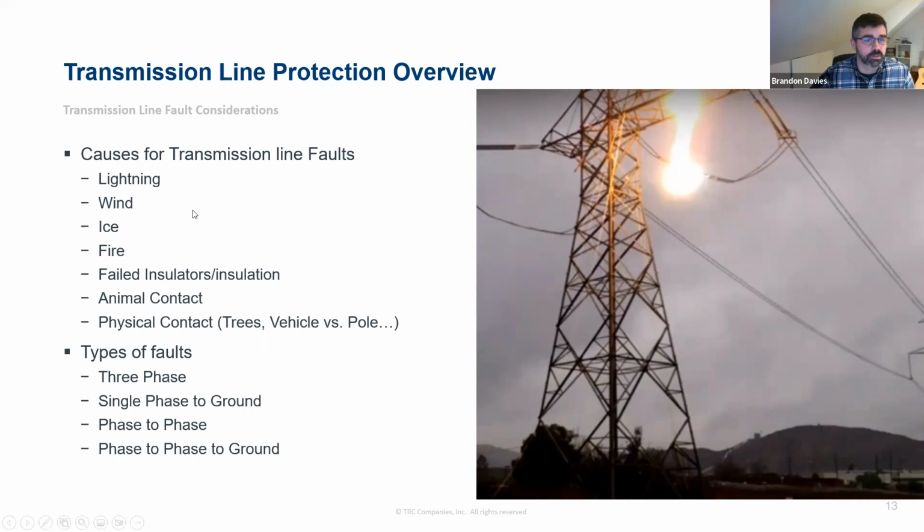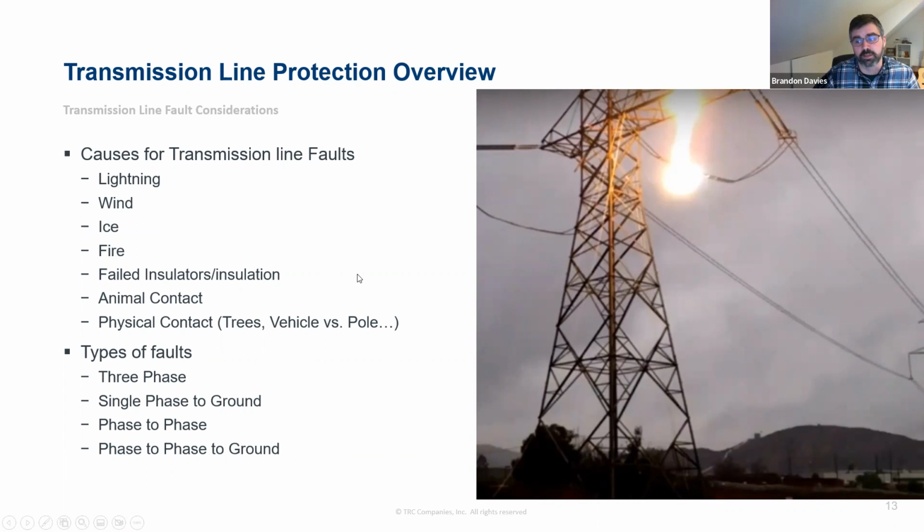So some of the causes of transmission line faults: lightning. Lightning strikes are a big one. Obviously, you get a lot of big metal, wood, or grounded towers crossing a clear-cut area, so lightning strikes are a big possibility and happen frequently on the transmission system.